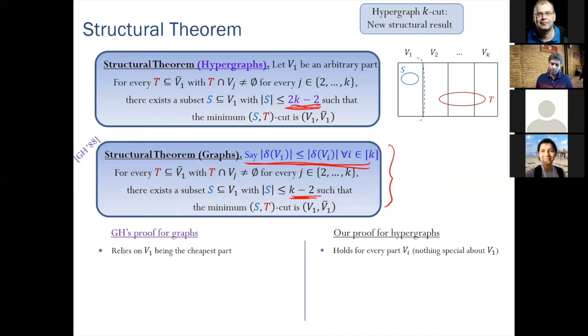And in fact, this 2k minus 2 in our structural theorem is tight even for graphs. There is no room to improve this 2k minus 2. The structural theorem does not hold if you replace 2k minus 2 by even 2k minus 3, even for graphs. So this is tight.